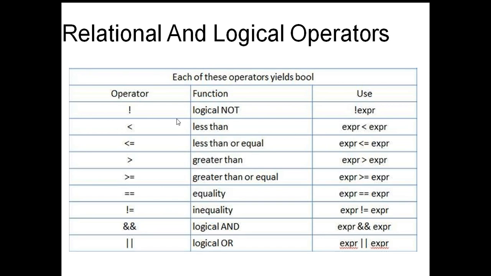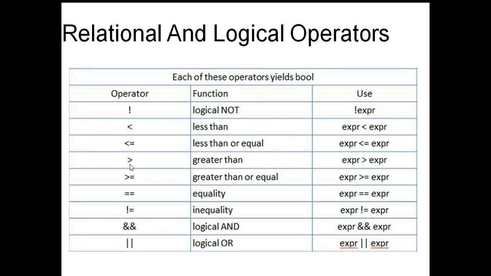Less than symbol: the function is less than, expression 1 is less than expression 2, so you can use it as a comparison operator. Less than or equal to: the function is less than or equal, and you can use it as expression 1 is less than or equal to expression 2.